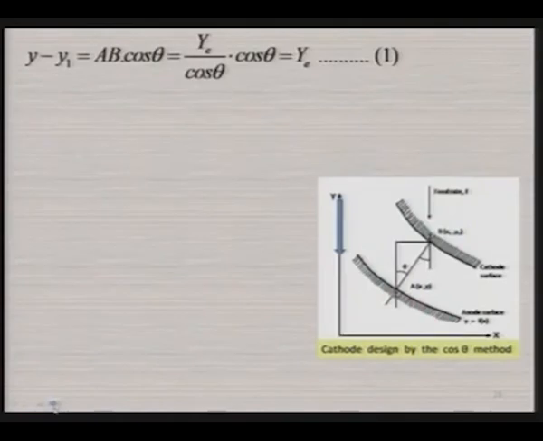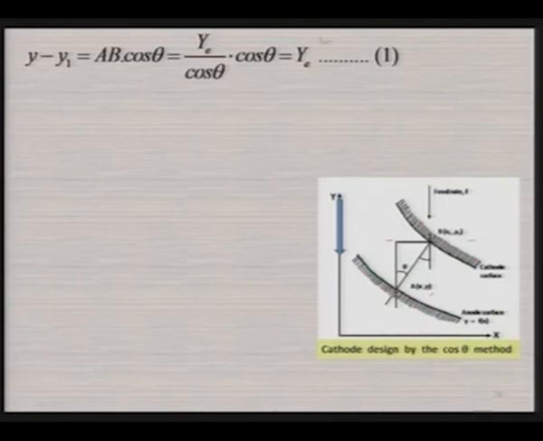So, here I have reproduced the same figure. You can see y minus y1. So, this is the y, and y minus y1 becomes AB cos theta. AB is this particular line, A is here, B is here. So, AB cos theta becomes this particular interelectrode equilibrium gap, and AB is nothing but y E over cos theta, into cos theta.